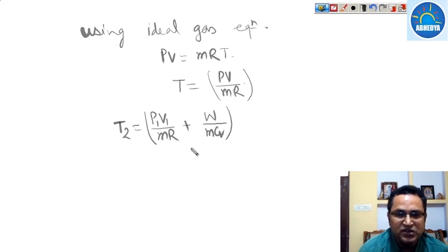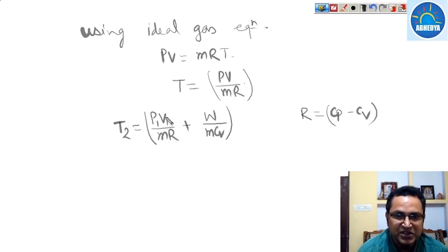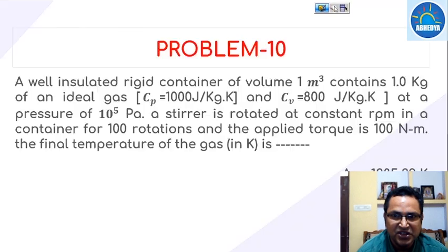Now all the values are known to us. What is the value of R? R is nothing but, by Mayer's relation, Cp minus Cv. So we will get the value of R. Mass is given, initial pressure and initial volume are given, and work done we have already calculated due to the stirring process. Cv is given. Once you put all these values, you will get the final temperature.